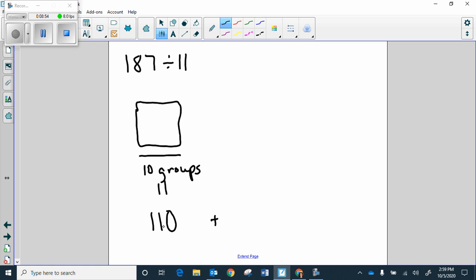That should be, if you were keeping track on your fingers like I was, 7 more 10s. And from 180 to 187, that's 7 ones. So I need to model 77 more in my picture, because 110 plus 77 is going to equal 187.